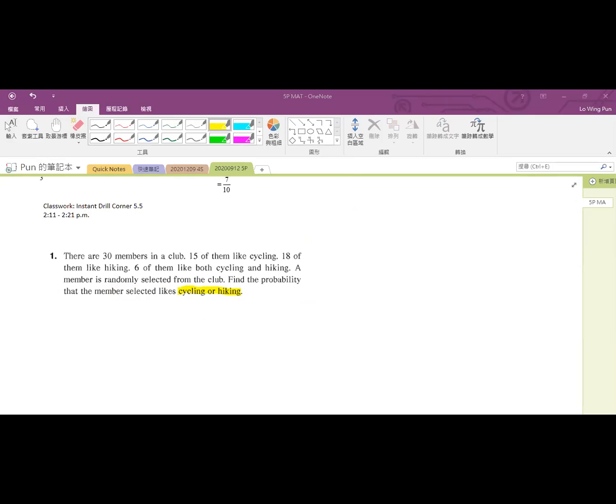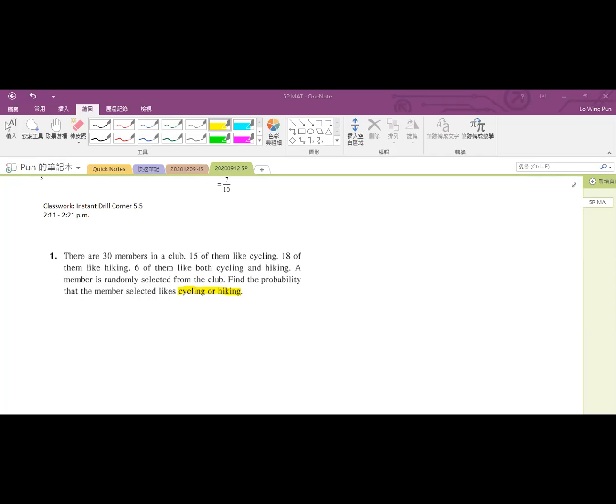Which means that the probability we are going to find will be cycling or hiking. You can see this, and it is in the format of P(A or B). One thing or the other thing, and then we are going to use the formula P(cycling) plus P(hiking), and then minus P(cycling and hiking).